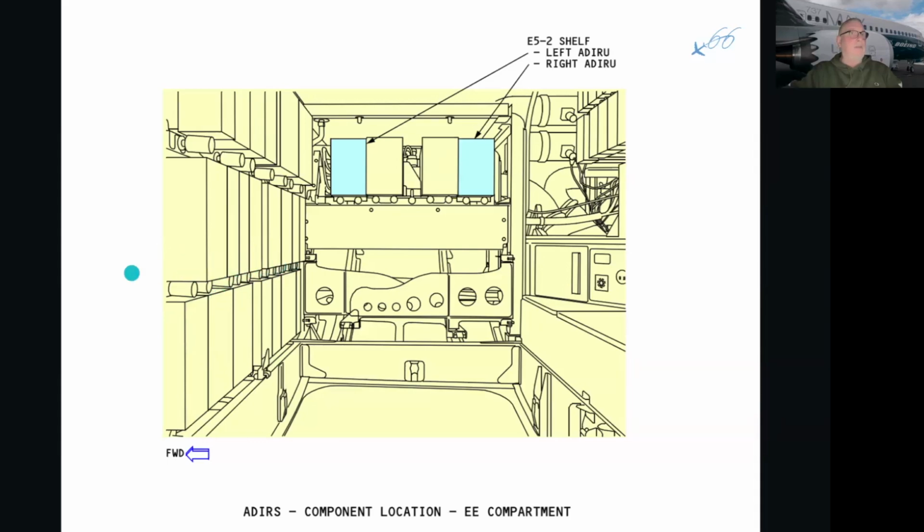This is the nose of the aircraft forward, and this one will be at 90 degrees, 3 o'clock position. And this is E5. That's where your ADIRS are. And just while we've got this picture up, the ADIRS are outboard of the flight management computers, which are also going to be talked about today because we're doing navigation and the flight management computers do the flight managing.